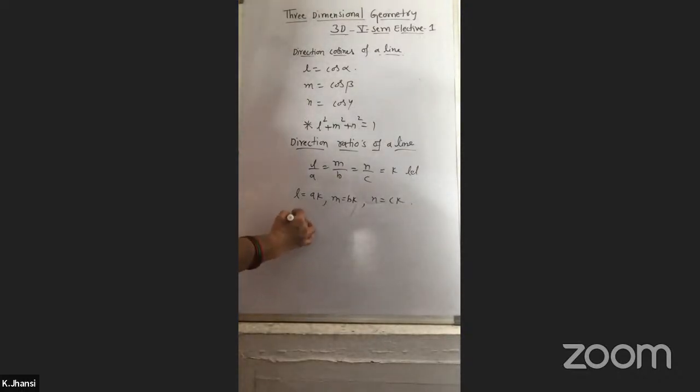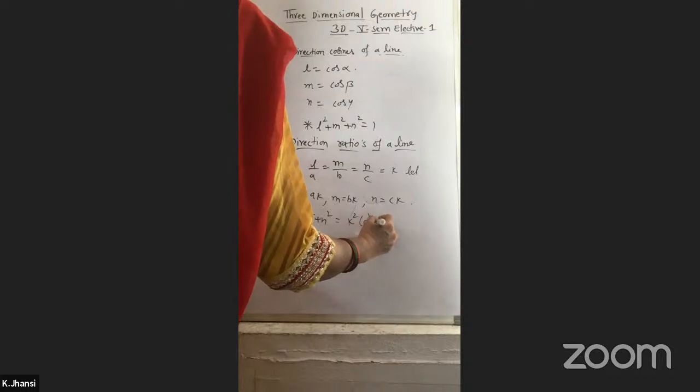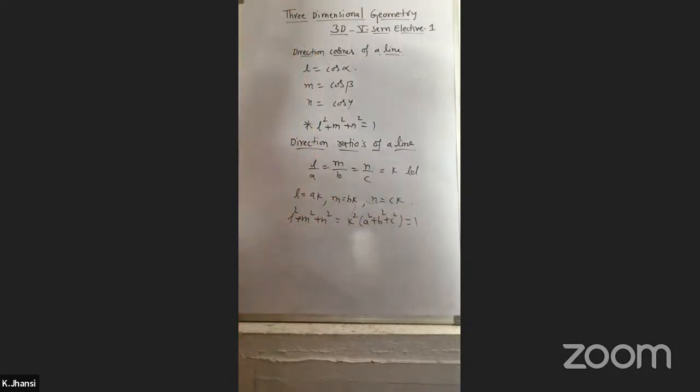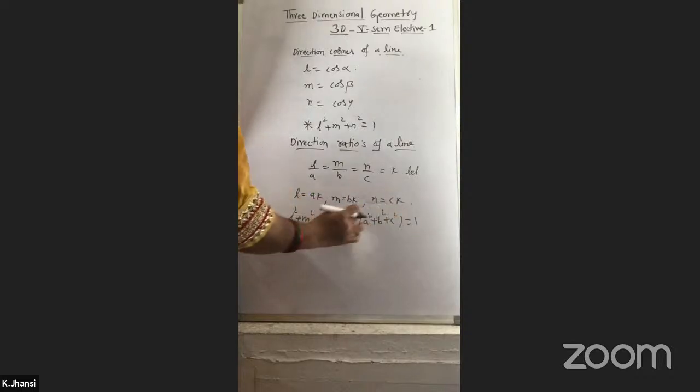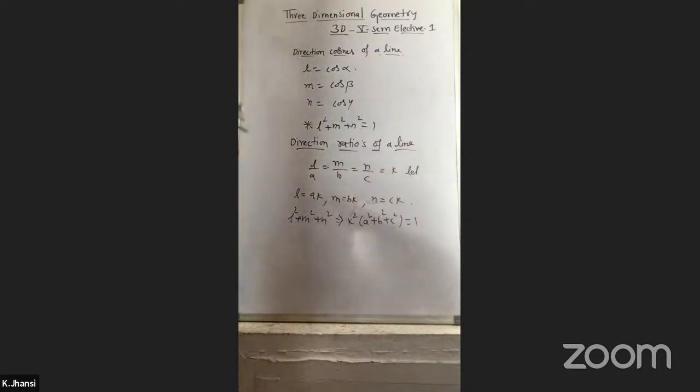Just now we have seen that L square plus M square plus N square equals 1. So if you substitute all these, and take K square out common, it is K square times A square plus B square plus C square equals 1. In place of L square plus M square plus N square, we are substituting these.